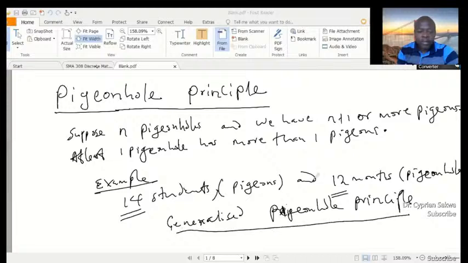And what does this state? Let me just erase this part and clear everything.